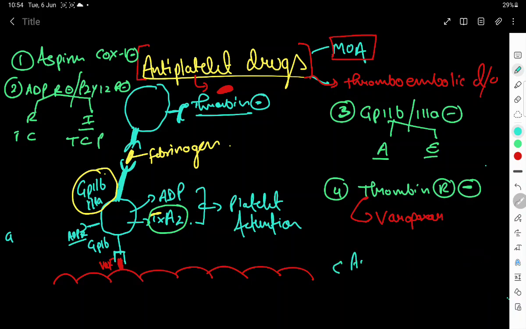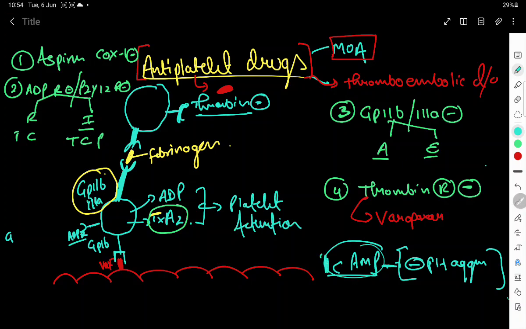We have cAMP inside the platelet, which is going to inhibit platelet aggregation. Means cAMP somehow can act to decrease platelet aggregation.